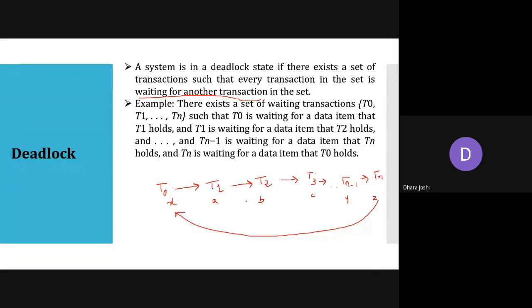If T1 complete the task, then this resource is again free, then T0 complete the task and so on. Rest of the transaction can complete their task. But here the situation is no one is wanting to release the lock on the data item which they have previously acquired and they are waiting for some other resources and it will make this situation as a deadlock situation.